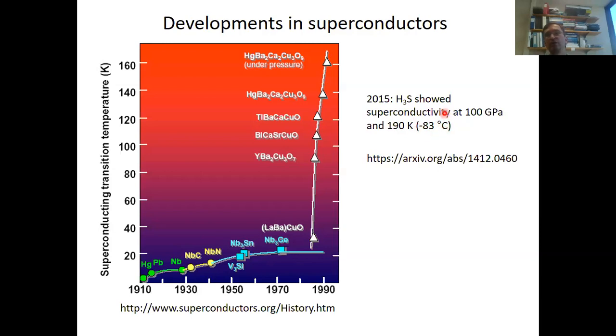You can already reach such temperatures on planet Earth if you go to extremely cold places like Antarctica, for example, but still you would have to apply 100 gigapascals of pressure in order to achieve superconductivity. So still we are practically far away from any real world application of a superconductor near room temperature.